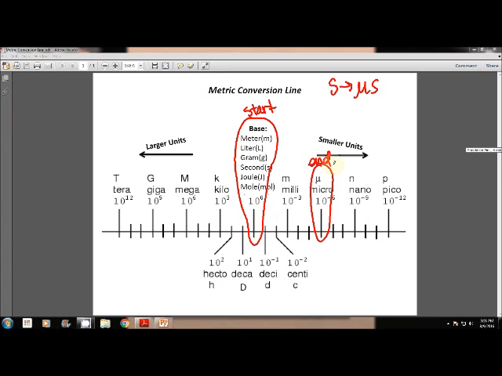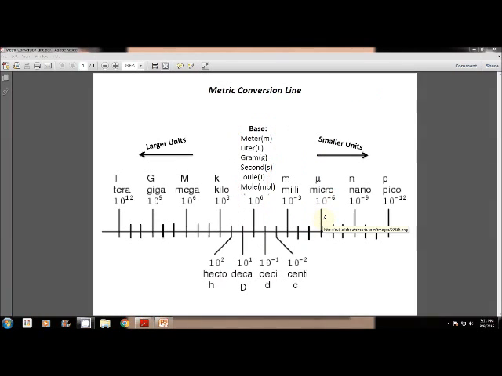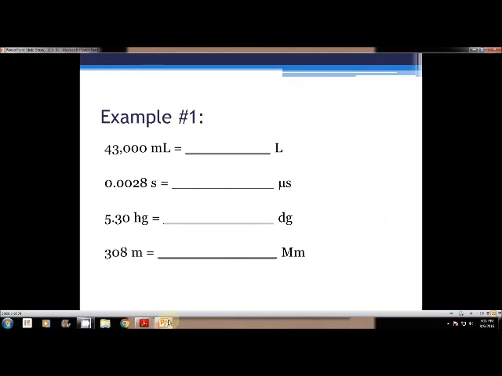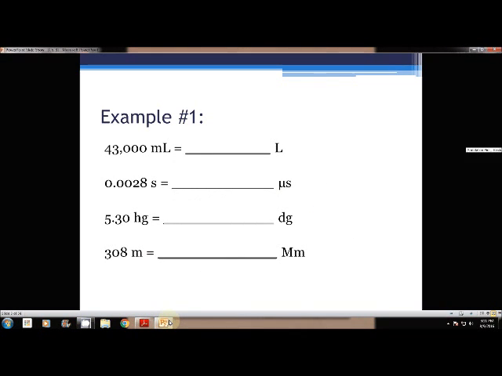So to move between those, how many times do we move? Starting at base, we go 1, 2, 3, 4, 5, 6 times to the right this time. So I have 6 moves to the right. So that means this time I have my decimal that's on the page for me. So I'm going to start here and I'm going to move 1, 2, 3, 4, 5, 6 times.